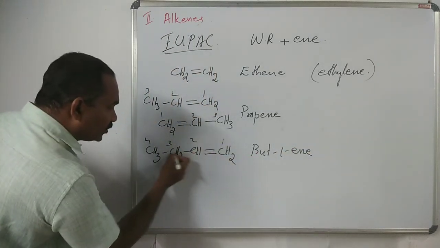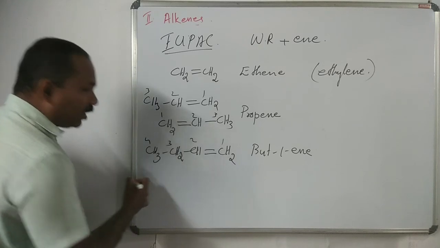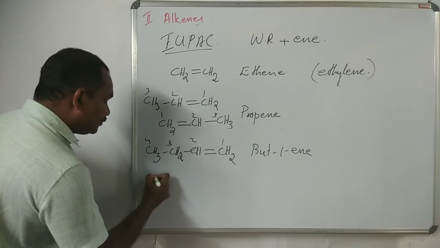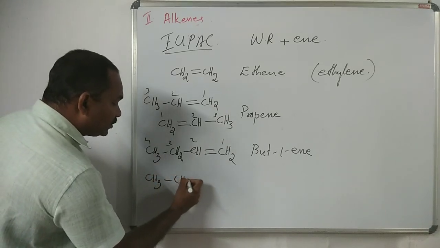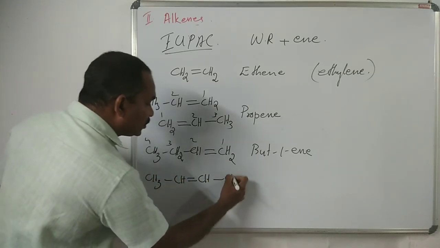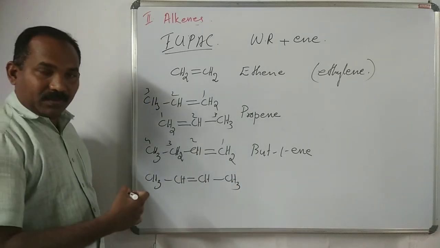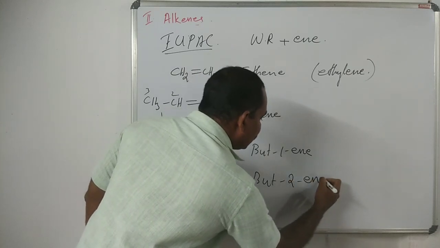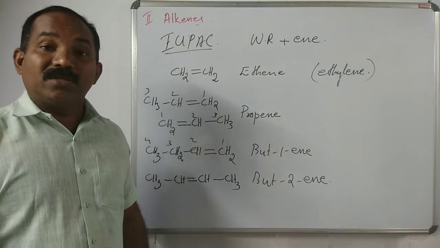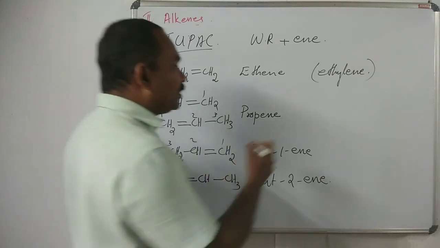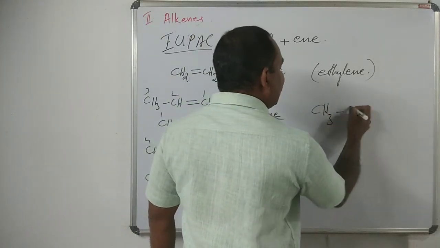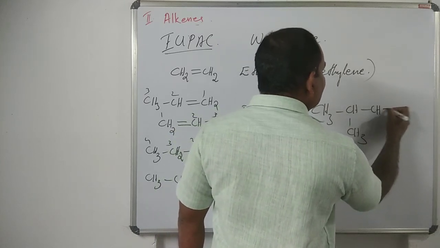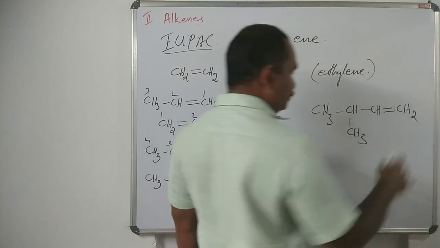If the double bond is between the second and third carbon atoms, CH3-CH=CH-CH3, it is but-2-ene.